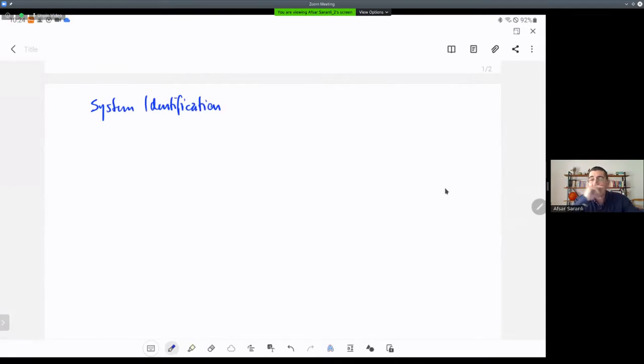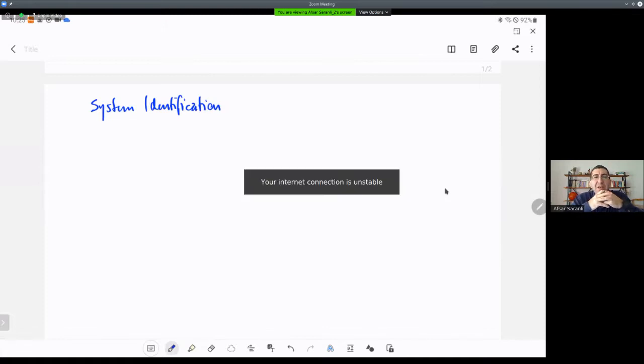System identification is where you already have a model. Okay? System identification is where you, for example, from physical first principles, have already derived a mathematical model, but unfortunately you do not know some of the parameters.